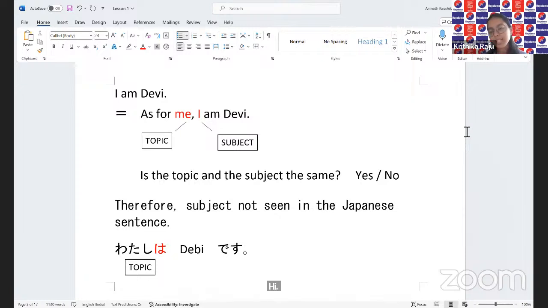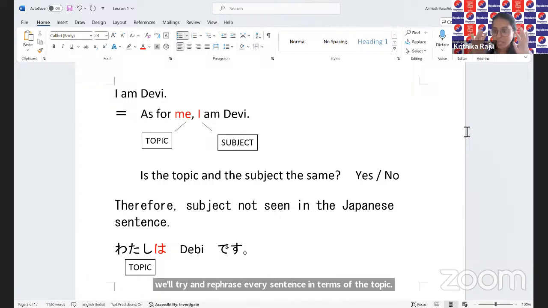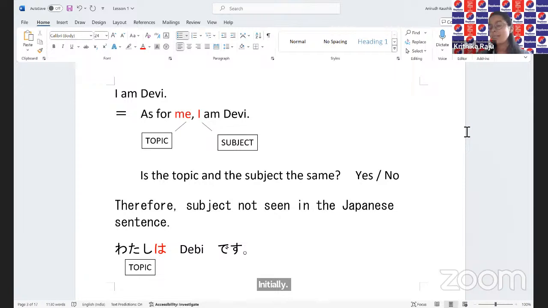So we'll try to rephrase every sentence in terms of the topic for better understanding initially. A sentence like I am Devi can be rephrased as: for me, I am Devi, right? So I'm establishing the topic in my English sentence also. As for me, I am Devi.